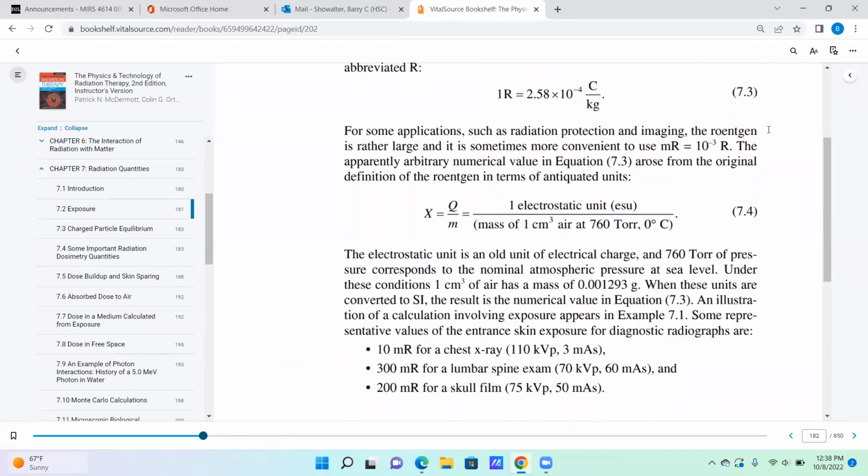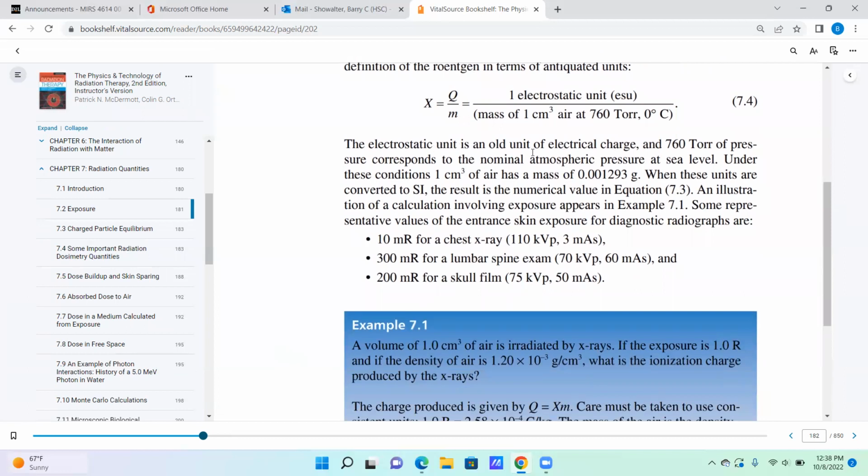For radiation protection and imaging, the roentgen is rather large and it is sometimes more convenient to use milliroentgens. The apparently arbitrary numerical value arose from the original definition of the roentgen in terms of rather antiquated units: 1 electrostatic unit divided by the mass of 1 cubic centimeter of air at 760 torr at 0 degrees Celsius.